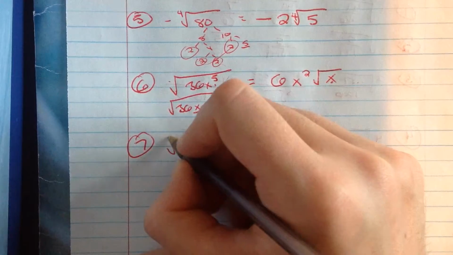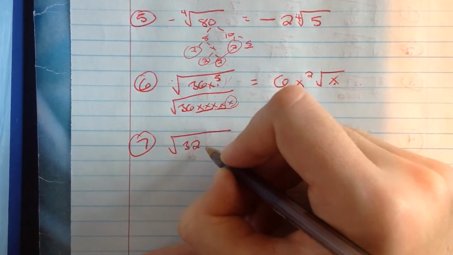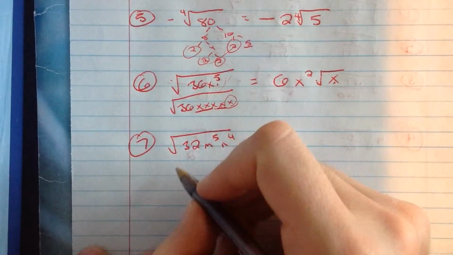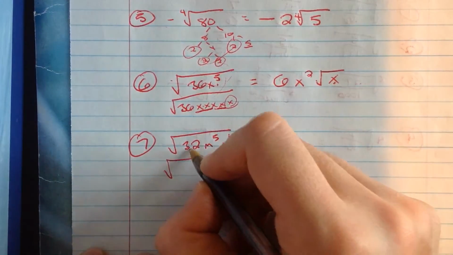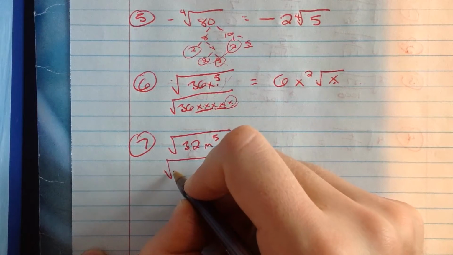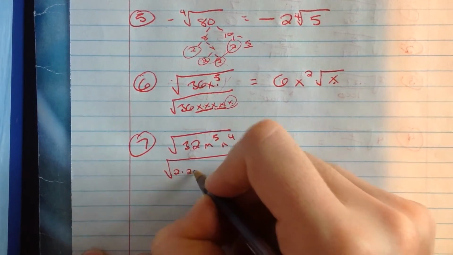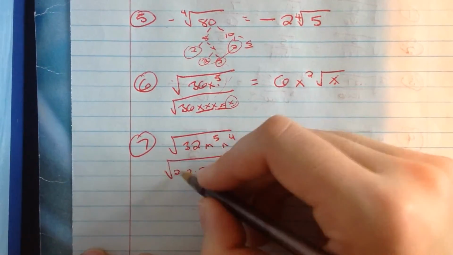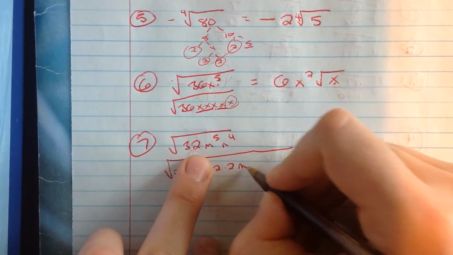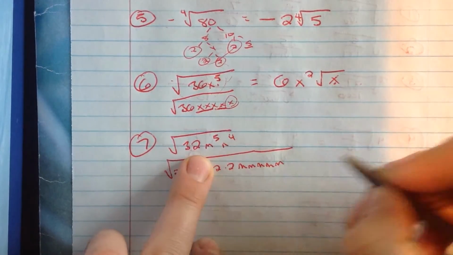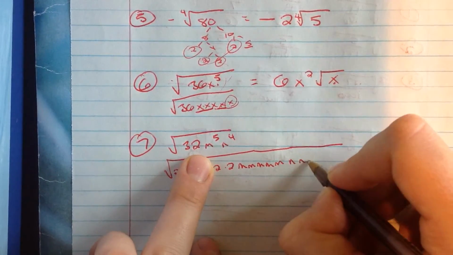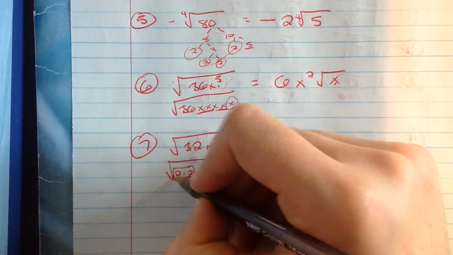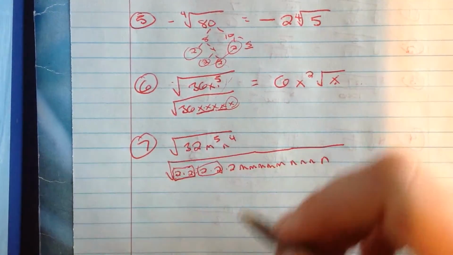So if I have square root of 32, m to the 5th, n to the 4th, this is the same thing as if we built a factor tree. 2 times 2 times 2 times 2 times 2 is what 32 would be if we completely factor treed it out. We'd have 5 m's and 4 n's. So here's a pair of 2, here's a pair of 2.